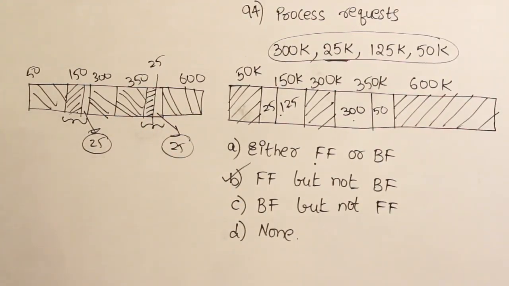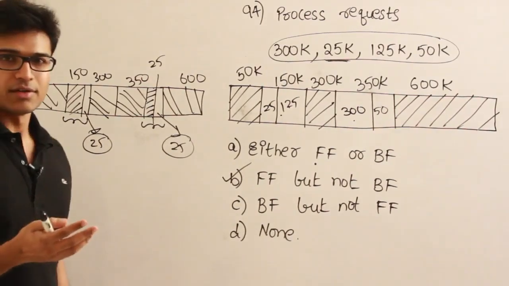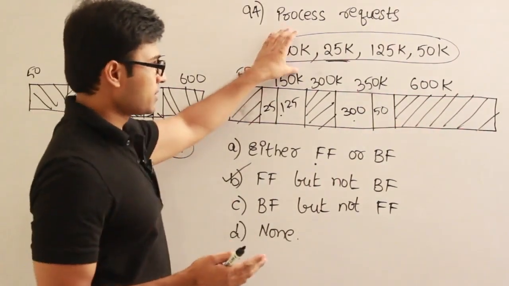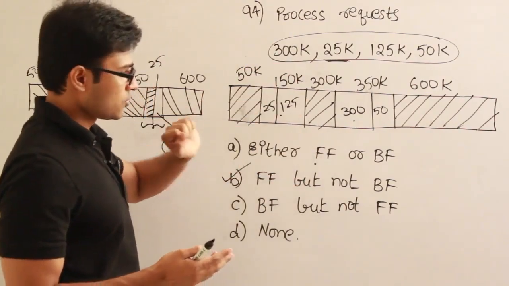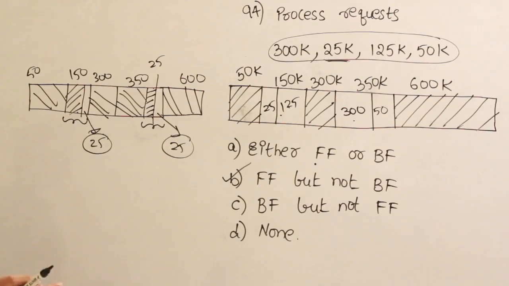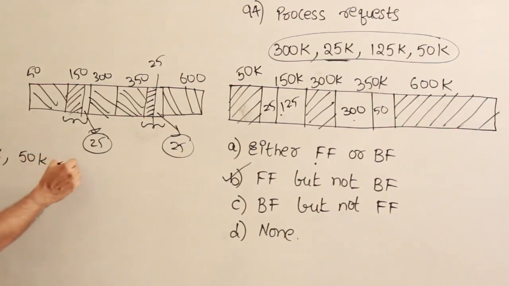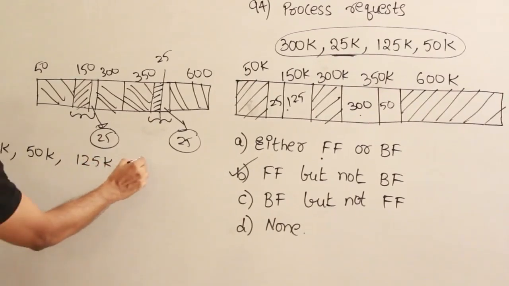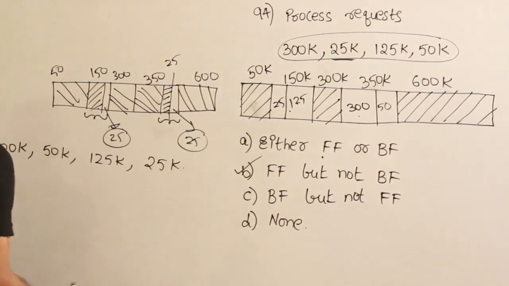Fine. Now does it mean that first fit is superior to best fit? It doesn't mean that. The reason is for this particular example, one algorithm is showing better: one algorithm is able to allocate it and the other is not. Maybe for another example, it might not be true. For example, if you have the process request as 300k, maybe 50k here, and then 125k and maybe 25k here, just see what happens.